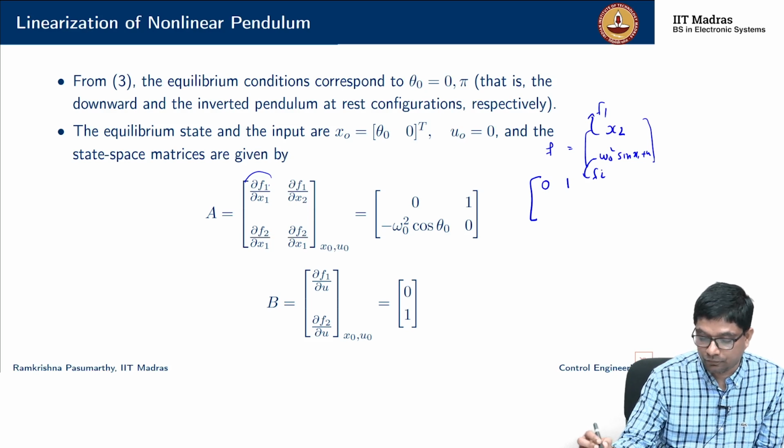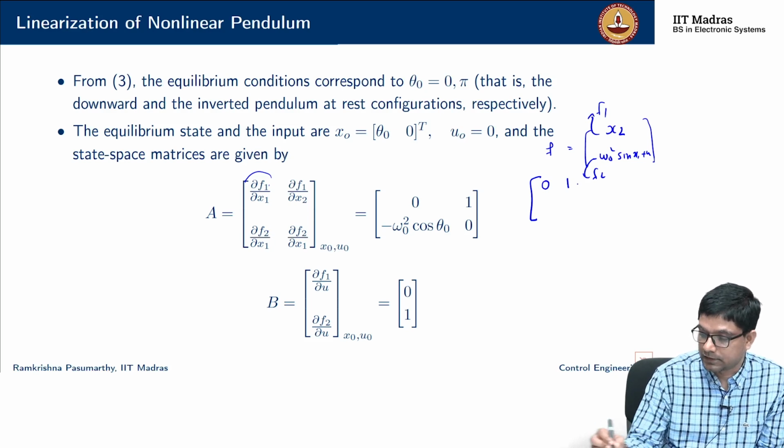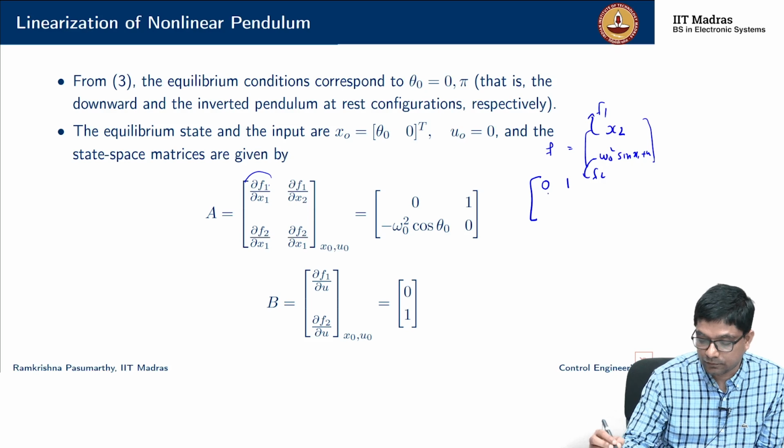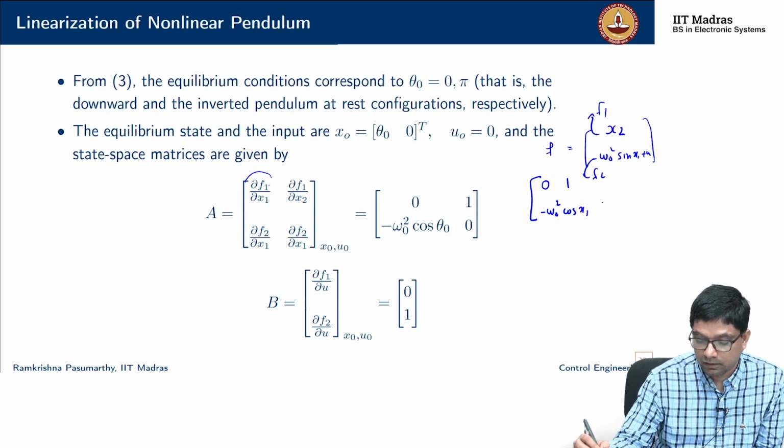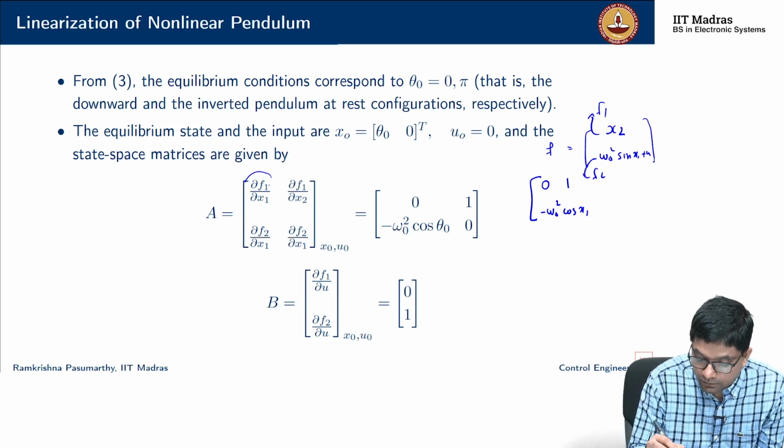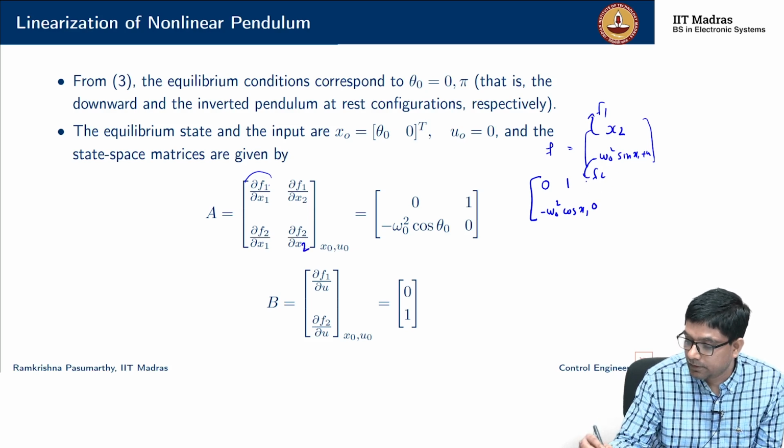Again the partial of f2 with respect to x1, there is an x1 here, so this will be minus omega naught square cos of x1, and then df2 by dx2, there is no x2 here, so this will be 0.